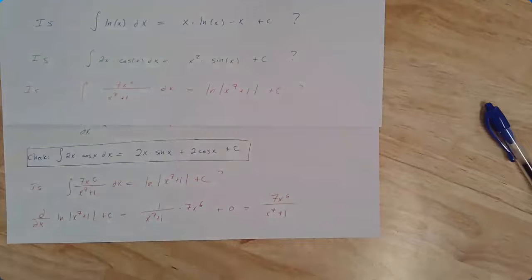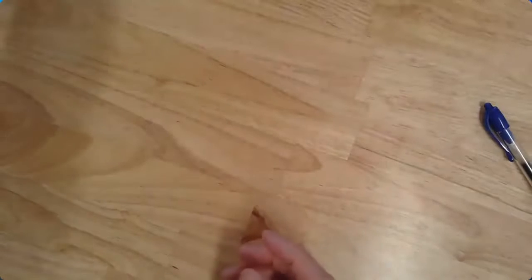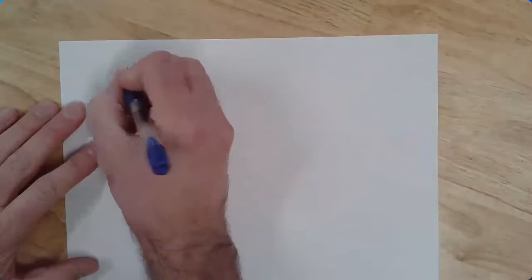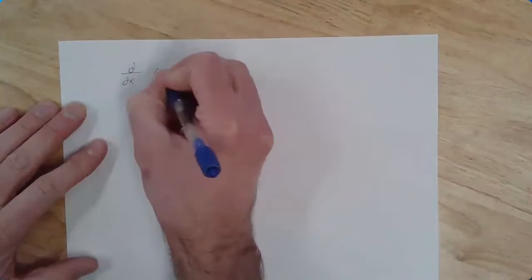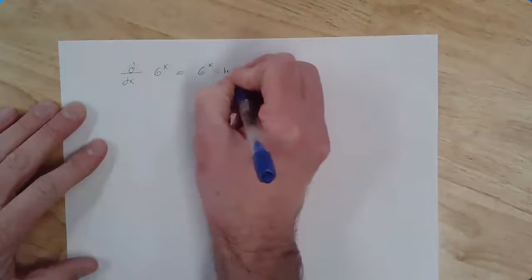The one function that I wanted to address on this page is the exponential function 6 to the x. So let's look at that for just a minute, and then we'll move on to talking about approximating the area under a curve. We said just now that the derivative of 6 to the x is equal to 6 to the x times the natural log of 6.